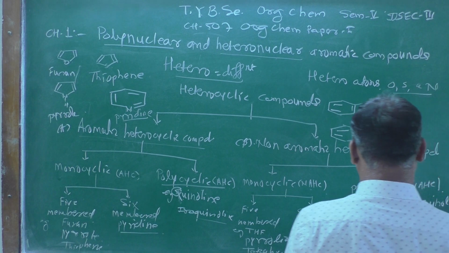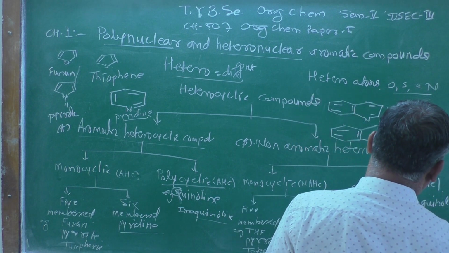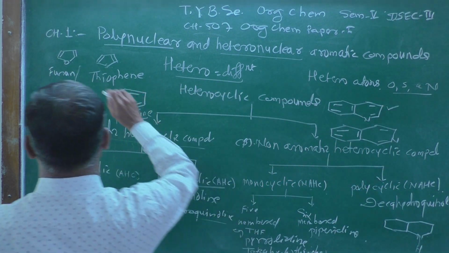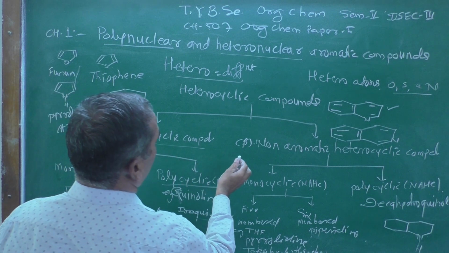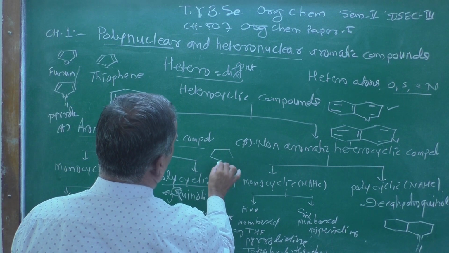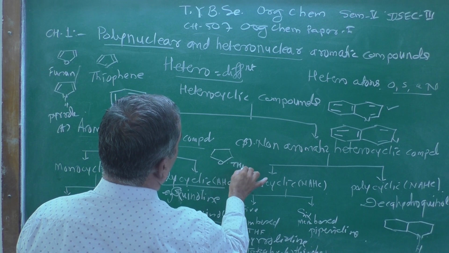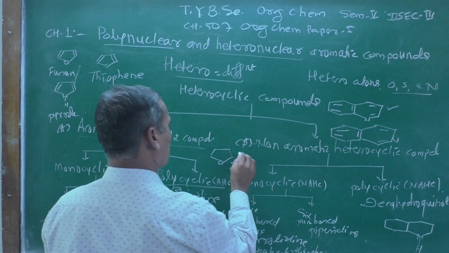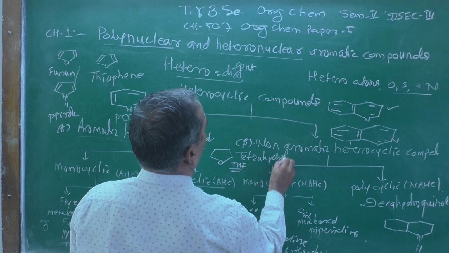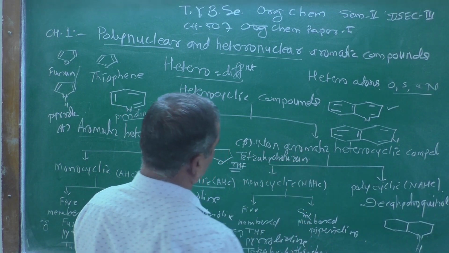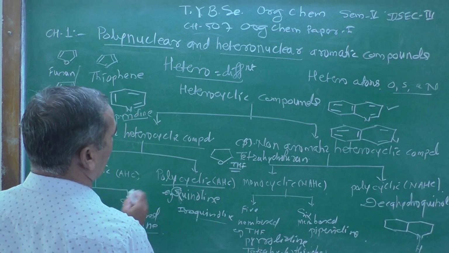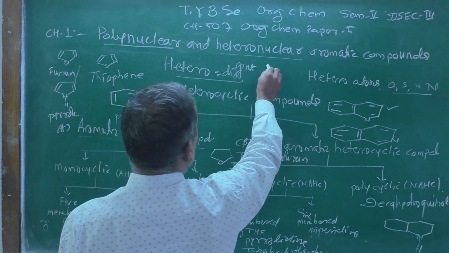There is one hydrogen atom over here. Now THF, tetrahydrofuran, which is saturated, I am showing over here. This is the structure of THF, tetrahydrofuran. And now the structure of pyrrolidine I am showing over here.